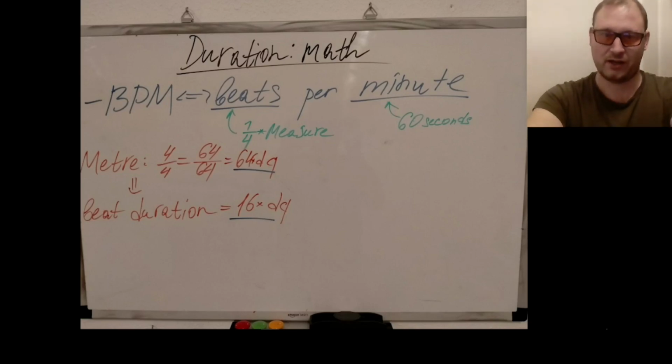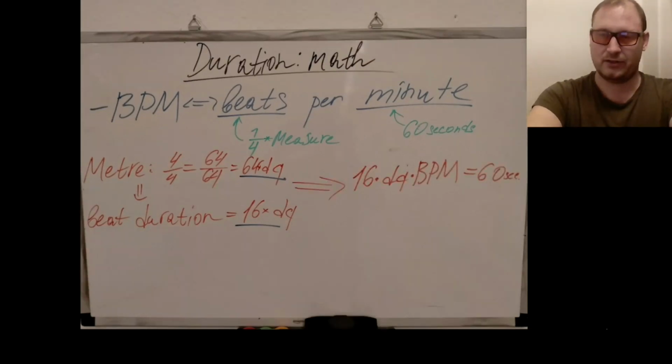So if you have a 4x4 meter, which is actually 64 times dq, which is our duration quant, then we have a beat duration as 1/4 of this, which is actually 16 times dq. And to make a BPM number of beats, we need 60 seconds.